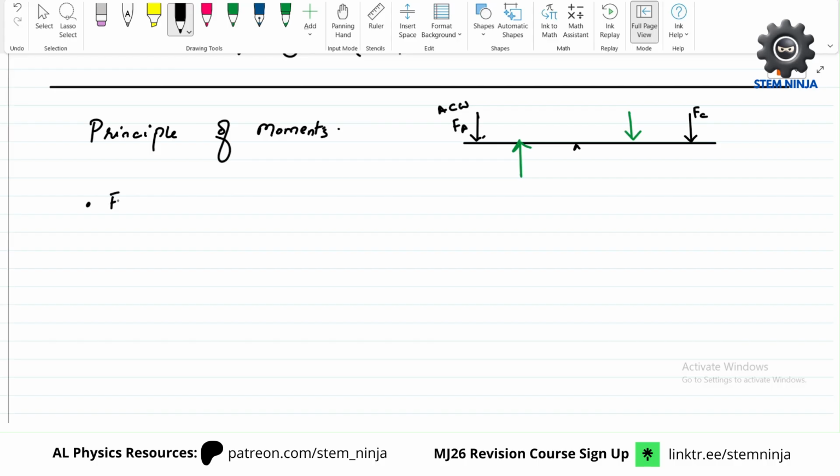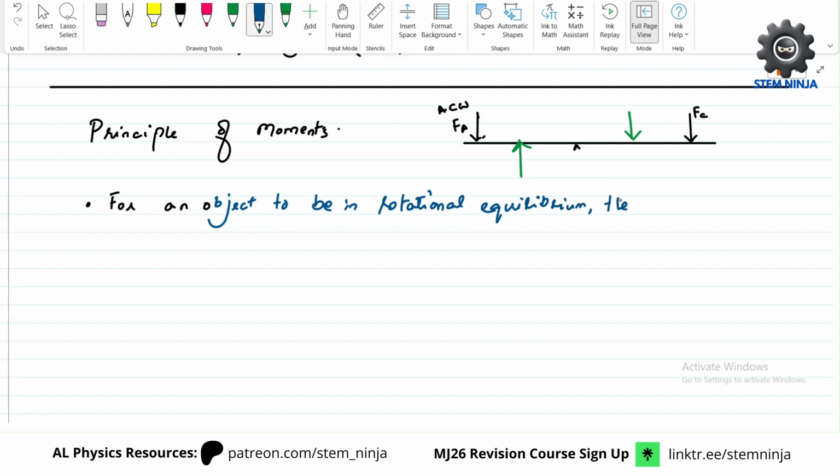So for an object to be in rotational equilibrium, that means no rotation happening, the sum of moments about the pivot is zero.